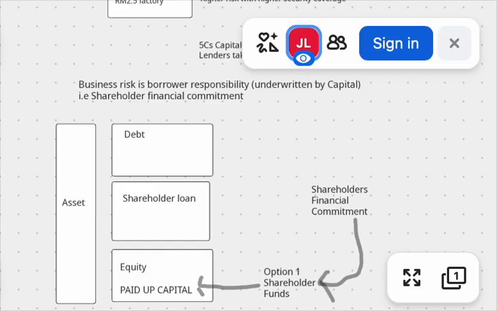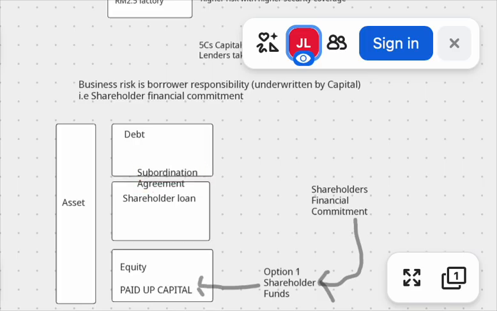So what we do is we have what they call a subordination agreement between the two.